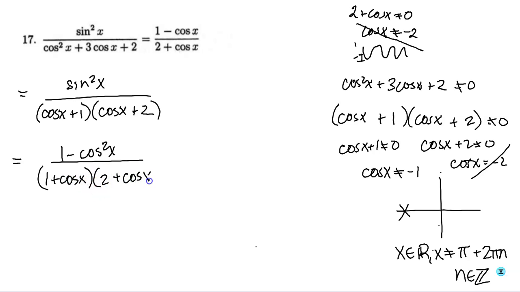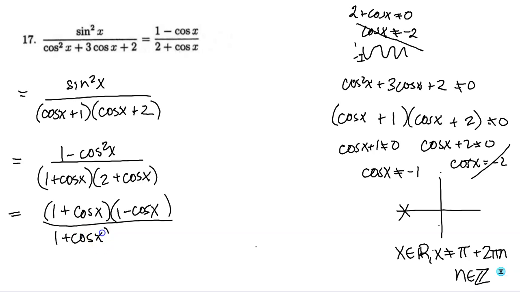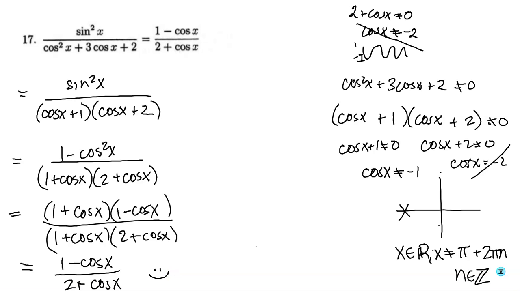I'm going to match it to the other side, so I'll go ahead and reorder them. When it's addition, it doesn't matter. What does the top factor into? Yep, 1 plus cos, 1 minus cos. And then I think a lot of you probably already saw where this was headed, but then those two cancel just as you had hoped, and we get our value.